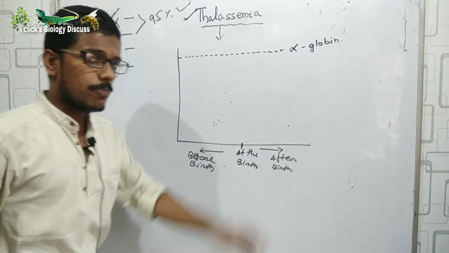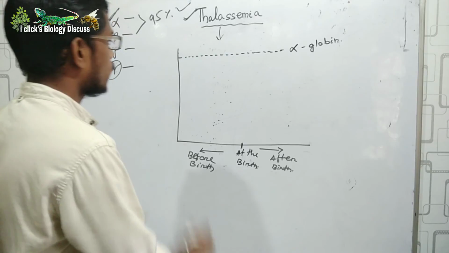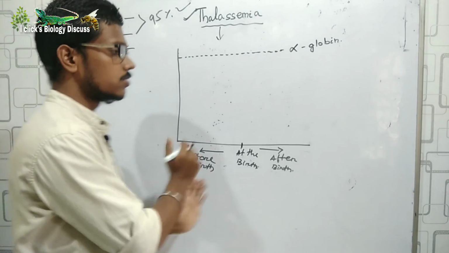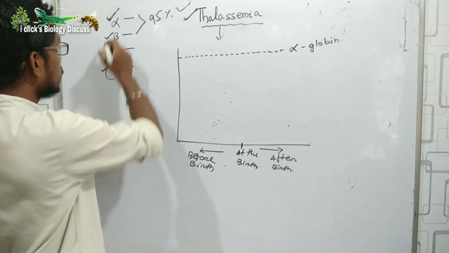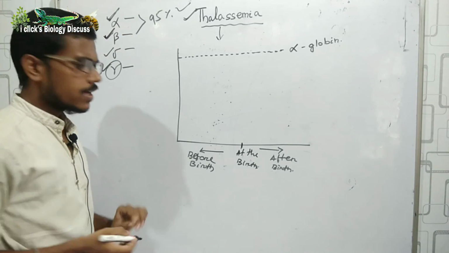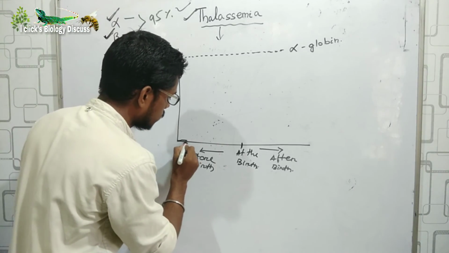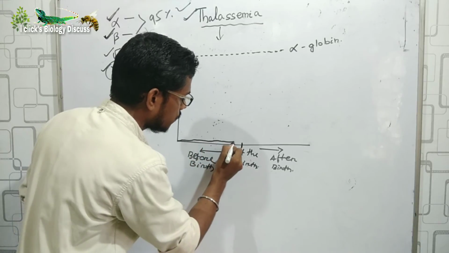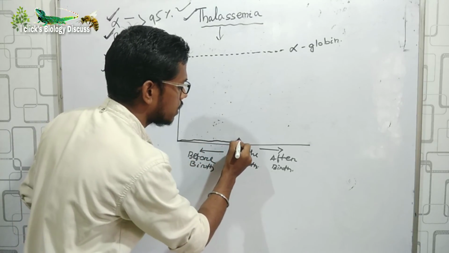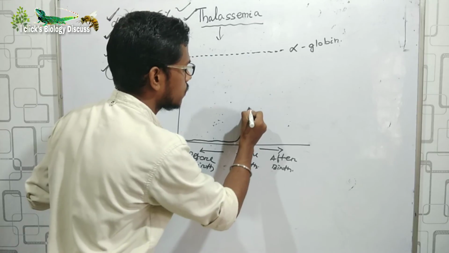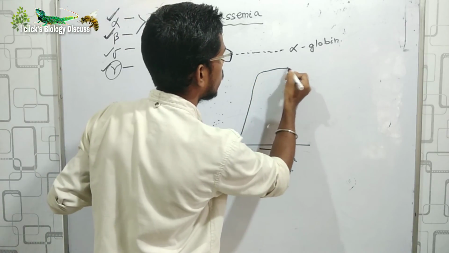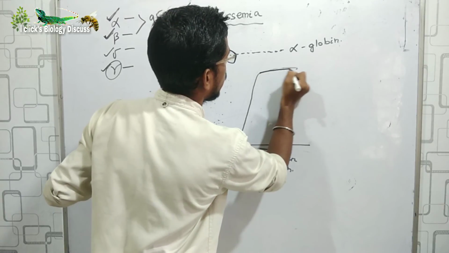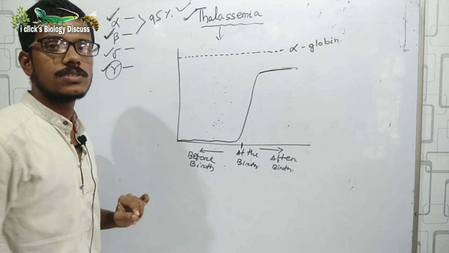The alpha globin chain is synthesized from before birth to the death of the individual. Whereas in case of your beta globin chain, that is very less in the fetal life, but this is increased after the birth, and it is the same as the alpha globin chain synthesis.